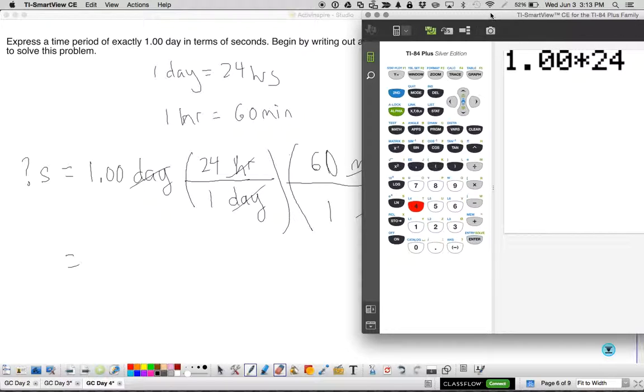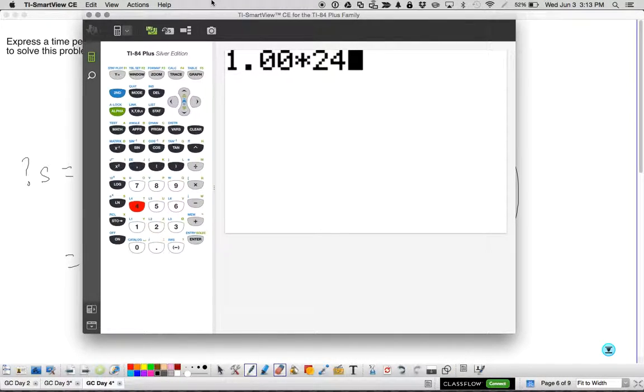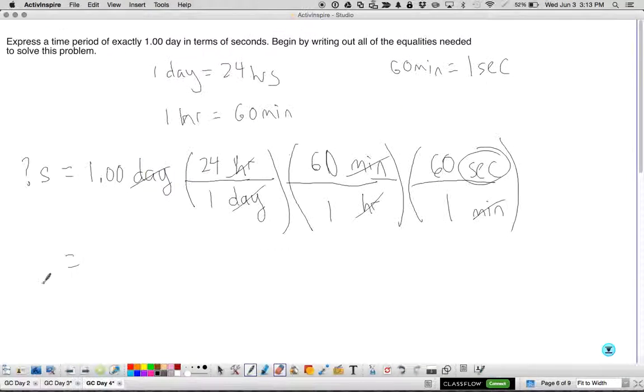And then I can just keep going. Times 60, times 60. And I get 8.64 times 10 to the 4th seconds.